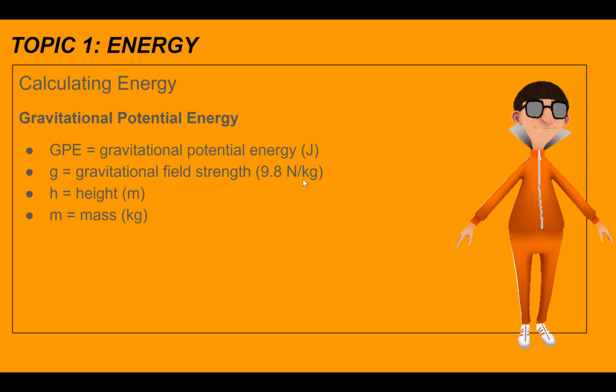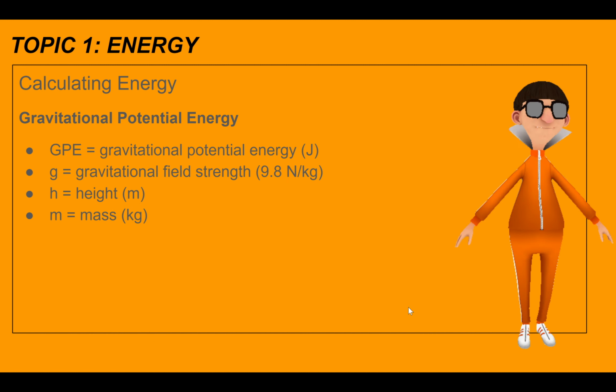If they don't tell you, always assume that the gravitational field strength is 9.8, because that is the gravitational field strength of the Earth, unless it specifically tells you it is 10 or 9 or 11, because you might be on a different planet. Then just always assume that it's 9.8 newtons per kilogram. And then we have height in meters and mass in kilograms.